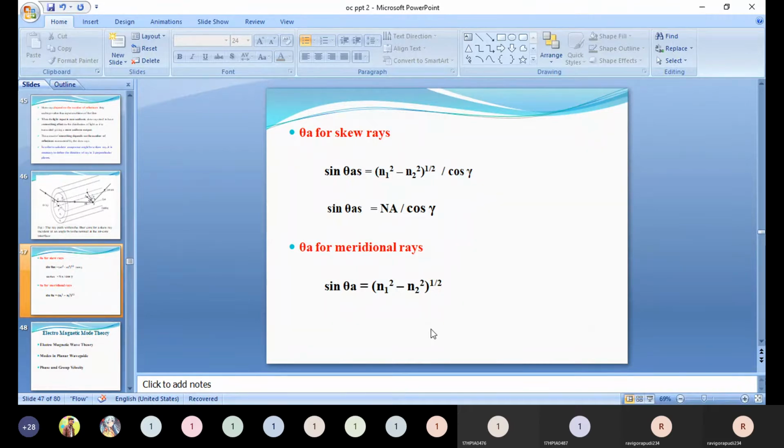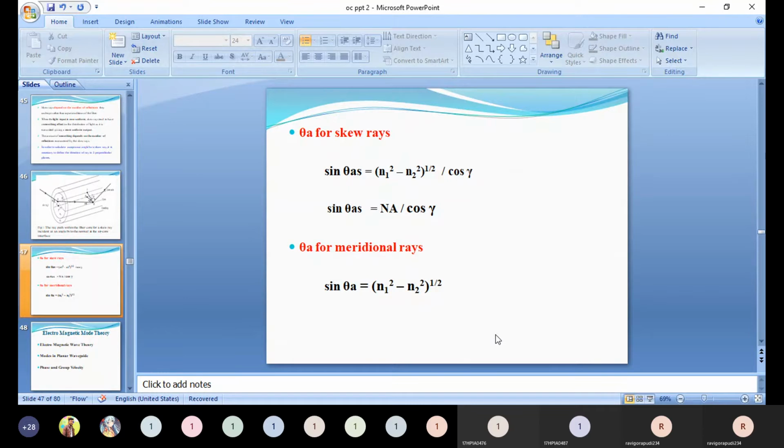Tell me what is the acceptance angle formula, anyone? Theta A or theta maximum is equal to sin inverse of square root of n1 square minus n2 square.